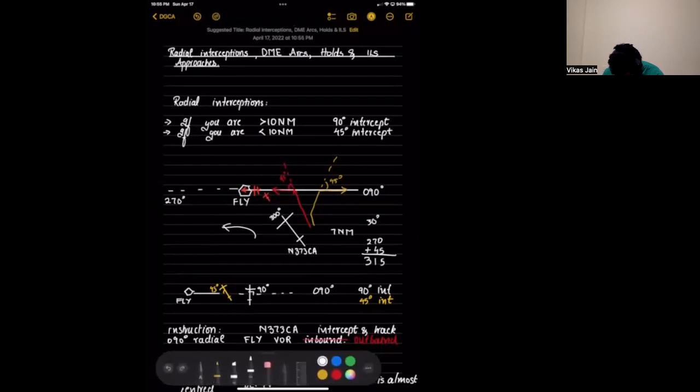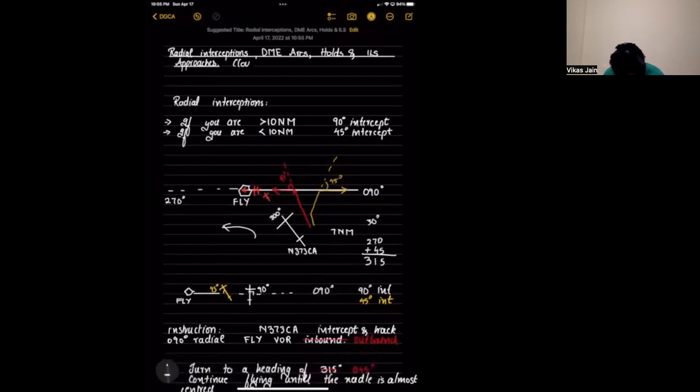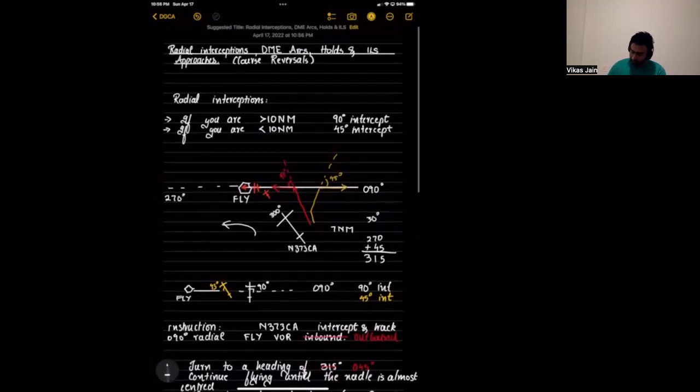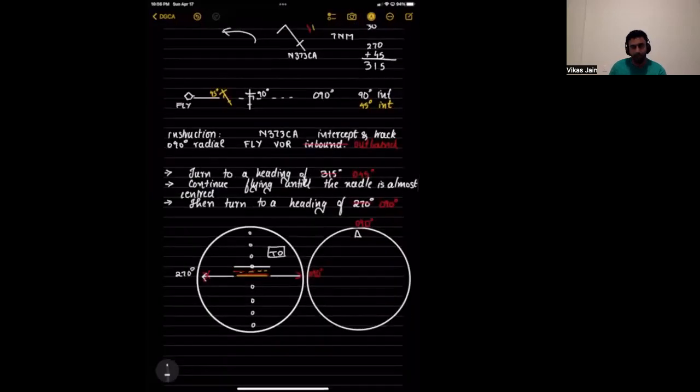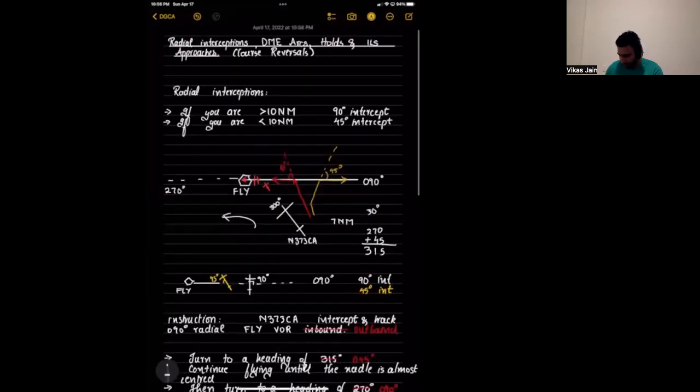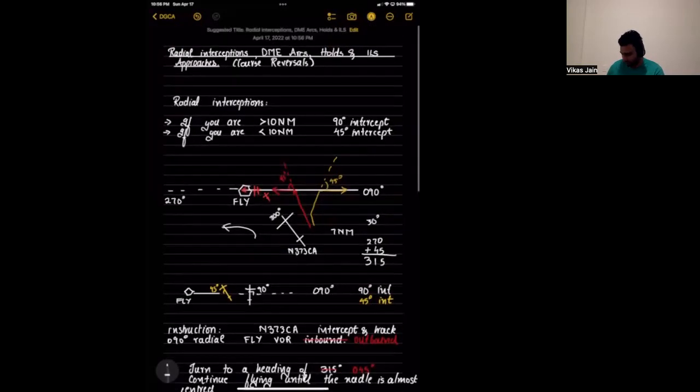That will be course reversals. When we talk about course reversals, we'll talk about holds and approaches as well. Okay, this was the first part, radial interceptions. And the next video will have the next part that will be DME arcs. Okay, this should have been fairly simple and easy to understand.